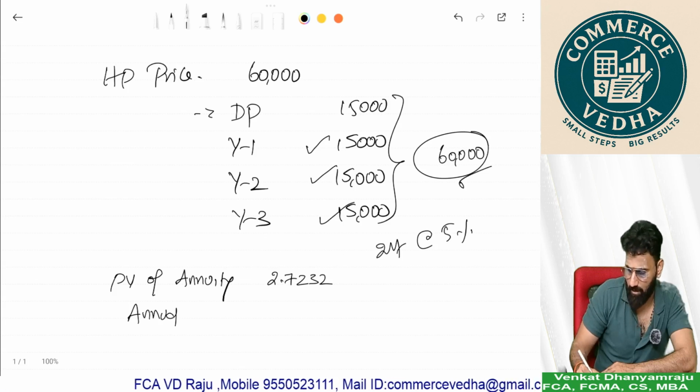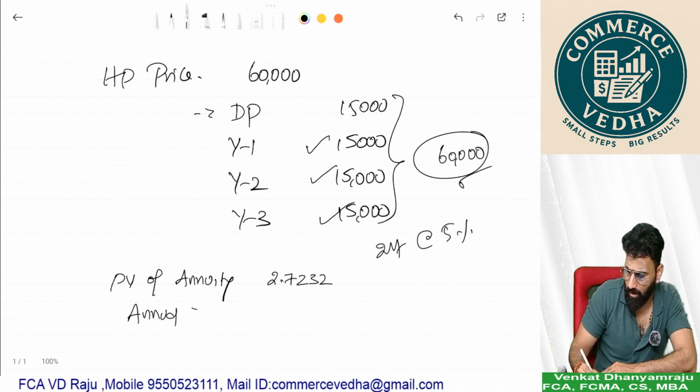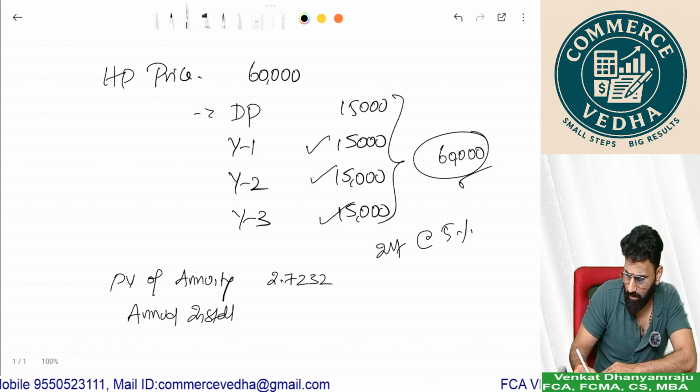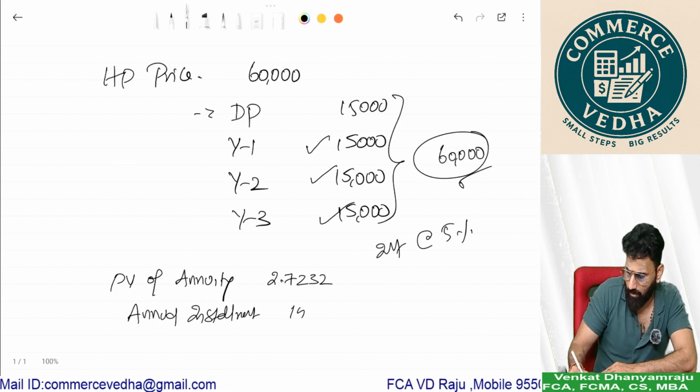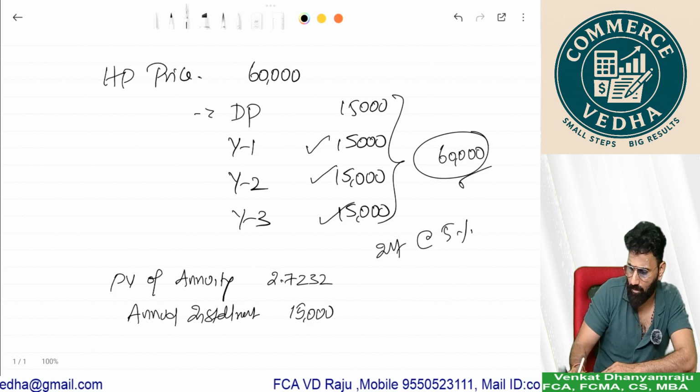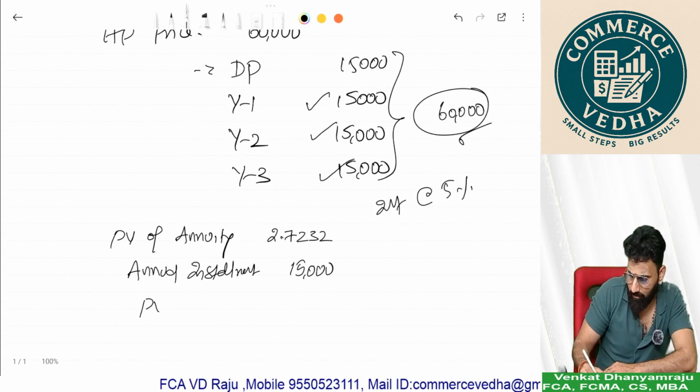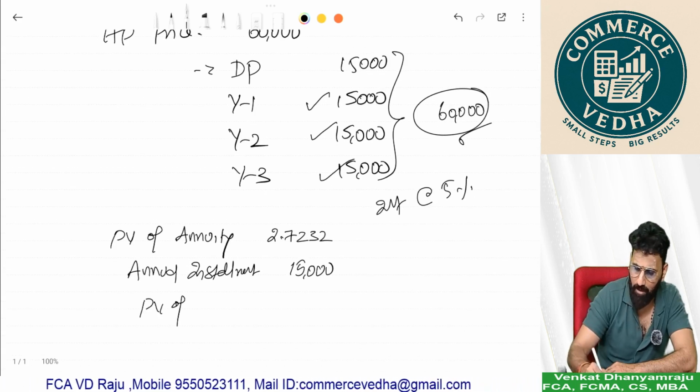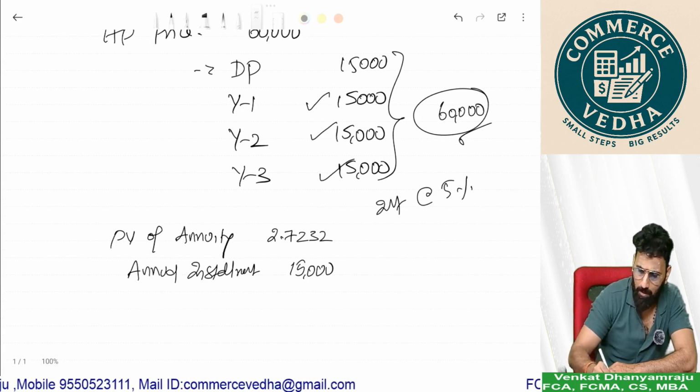Annual installment is 15,000. So the present value of installment, we will write.